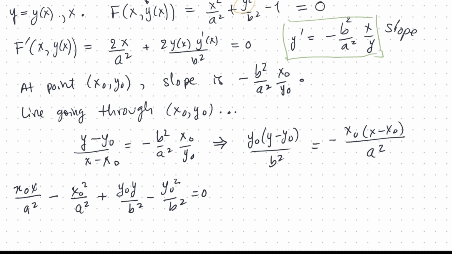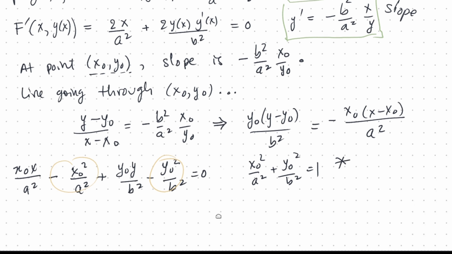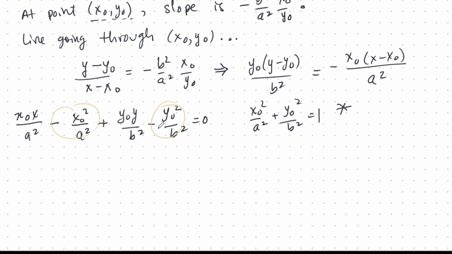But now let's notice something. These two terms here. Well, here I can use the fact that the point x0, y0 is on the ellipse. And so this must be true if that point is on the ellipse. Okay, so I can combine these two and they become 1. This plus this is 1. And then when you consider the minus in front, you get a minus 1, and then you move that minus 1 to the other side and you get a 1.